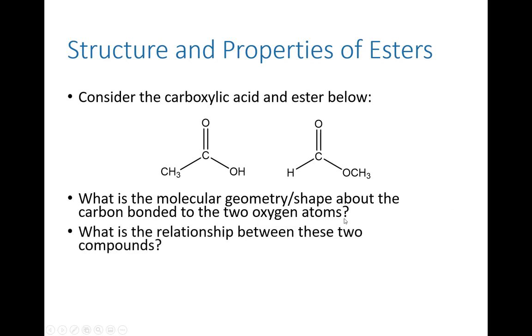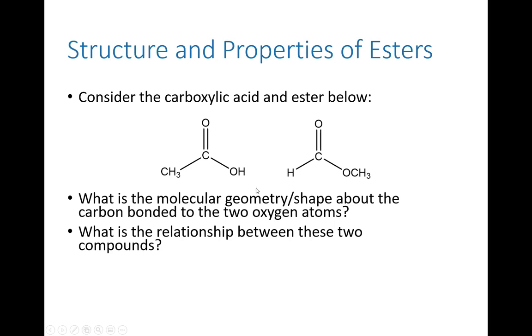What is the relationship between these two compounds? Well, if we look carefully at this, you'll notice that we have a CH3 on this side and an H on this side with the acid. It kind of looks like I've just switched these two groups. So they have exactly the same number of each type of atom. 2 carbons, 2 oxygens, and 4 hydrogens.